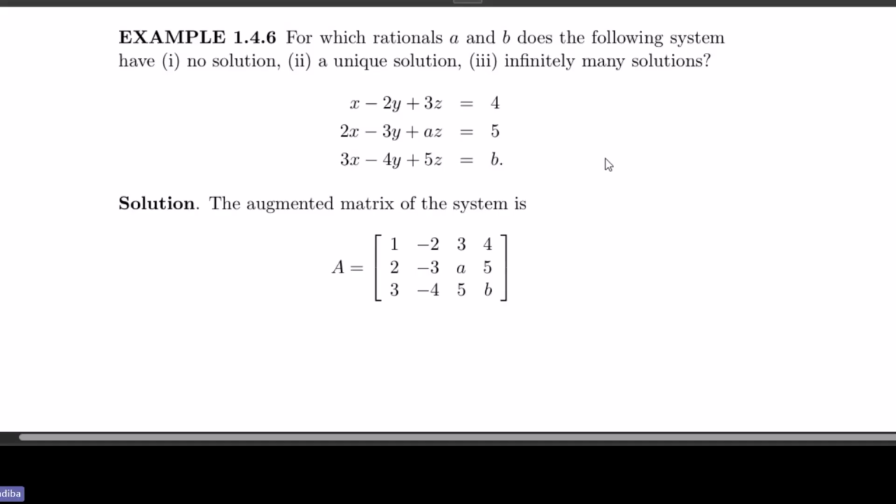The matrix that we had had the following entries in the first row: 1, -2, 3, and 4. In the second row, we had 0, 1, A-6, and -3. In the last row, we had 0, 0, A-2A, and B-6.